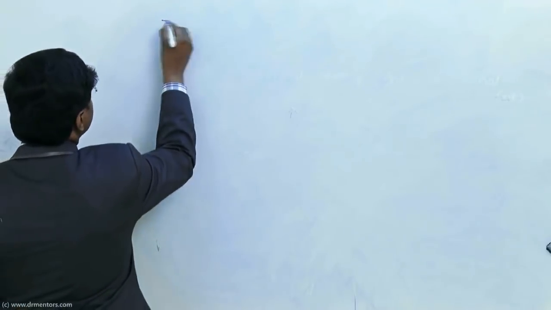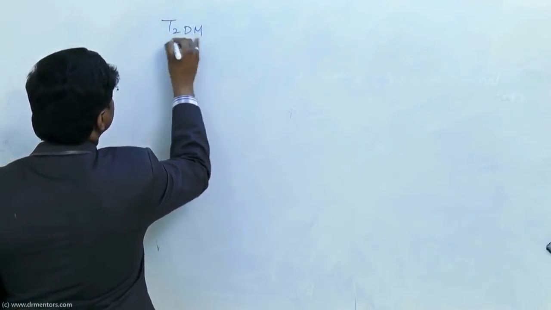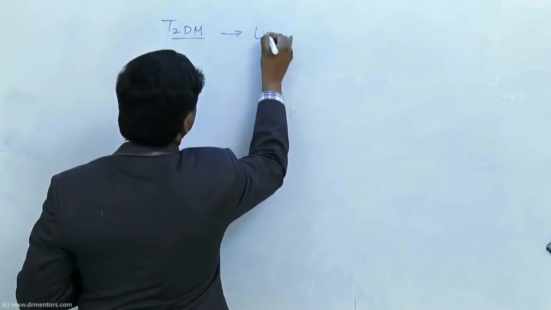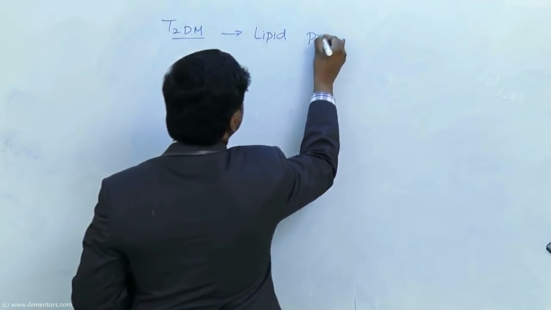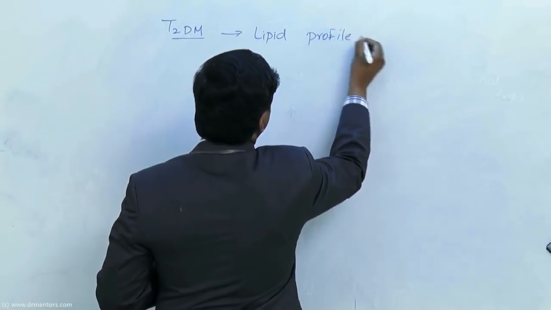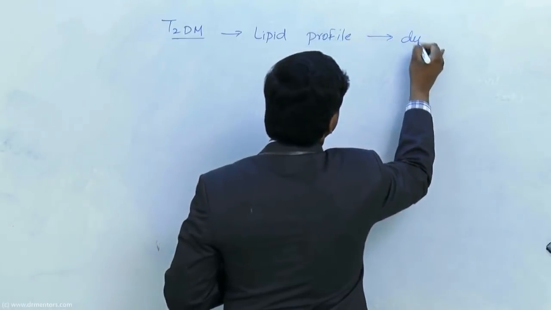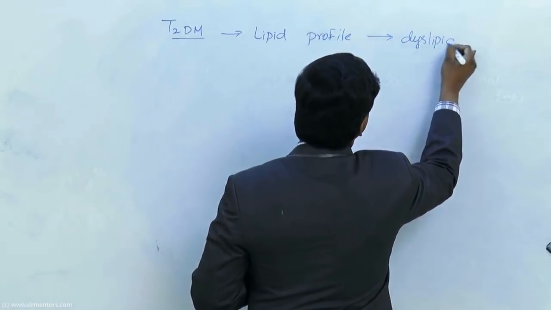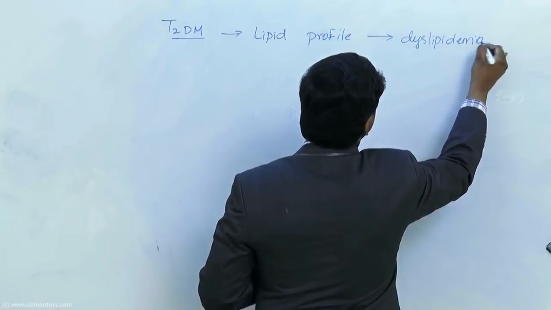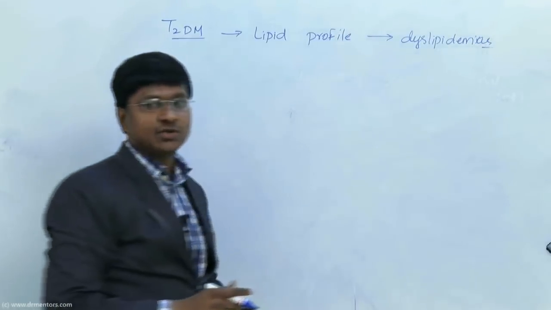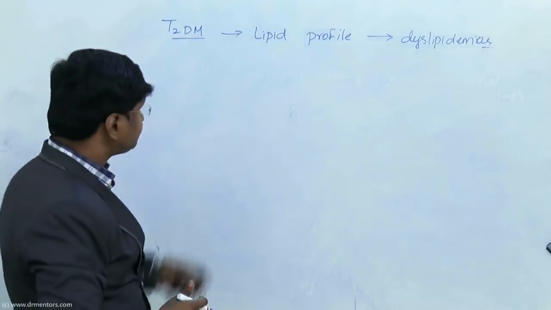So, in patients with type 2 diabetes mellitus, if you take the lipid profile, they will have what is called dyslipidemias.